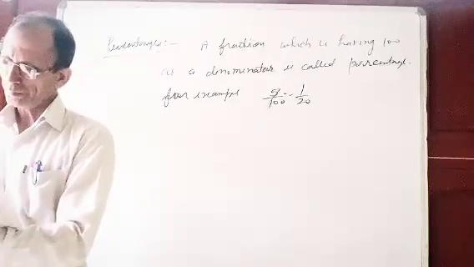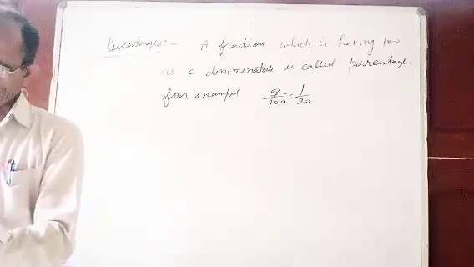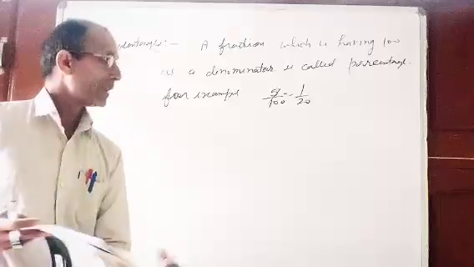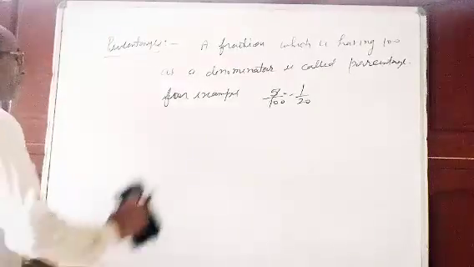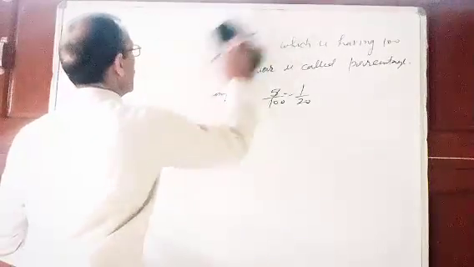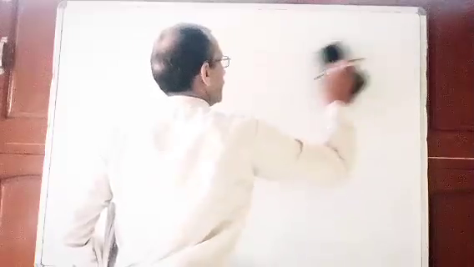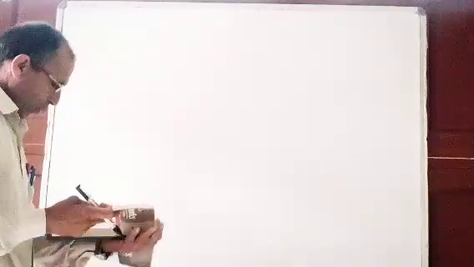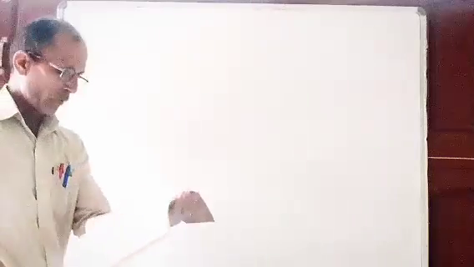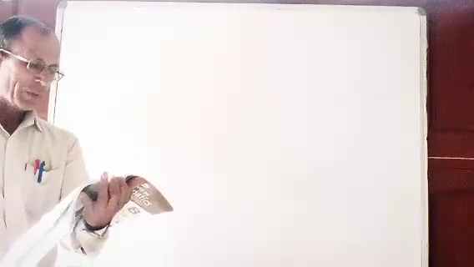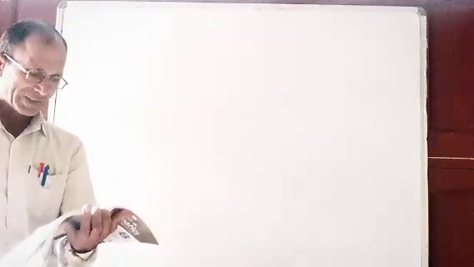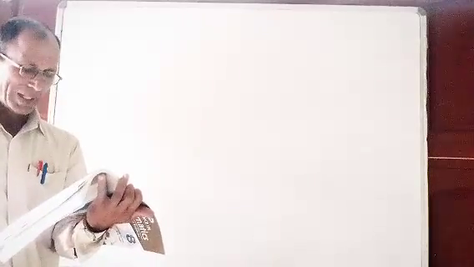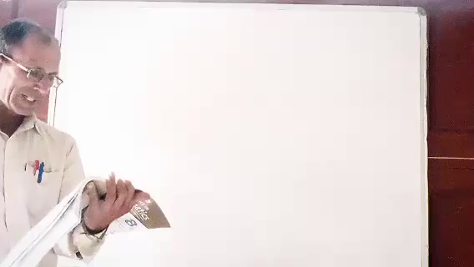Now exercise 6.1 related to percentage. So what is the first question? Now see, if 45% of the population of a town are men and 30% are women, then we have to find the percentage of children.